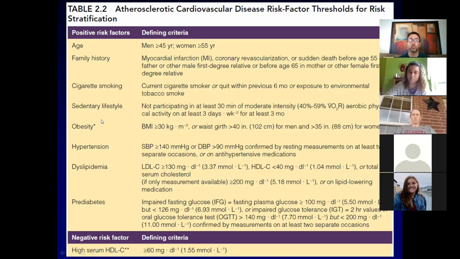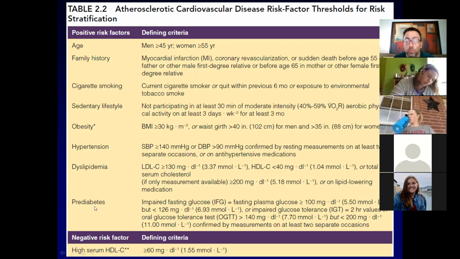So we're going to take age in its own separate bucket, and then the other 7 here, family history through prediabetes, are all taken together.